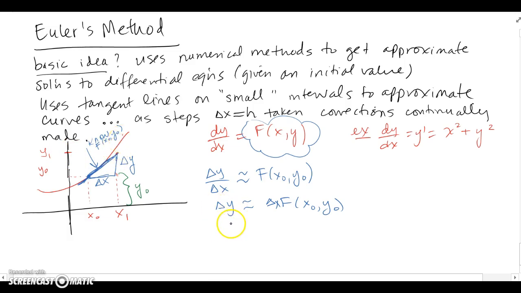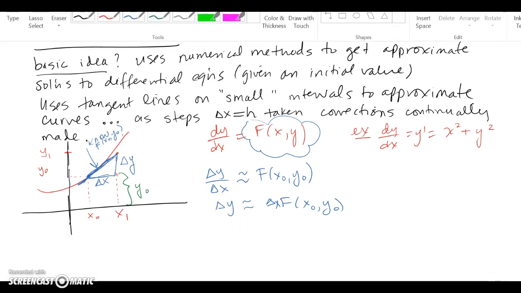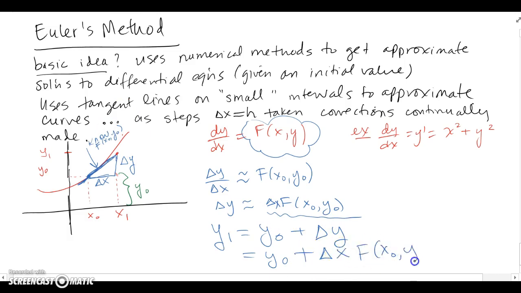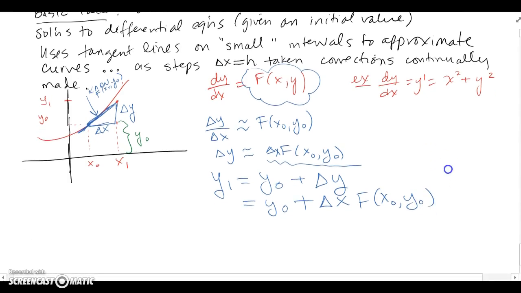So y1 is really just y0 plus this little delta y that I'm looking at, and we know y0 from the initial condition that was given to us, and we have delta y in terms of some other business that also involves our initial condition given.